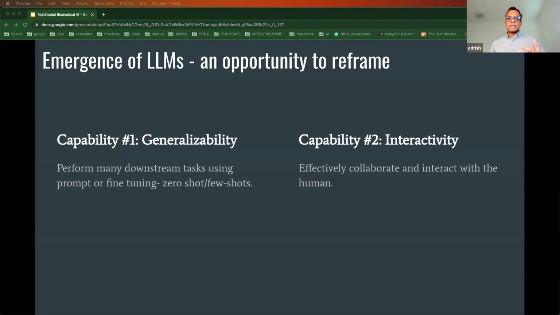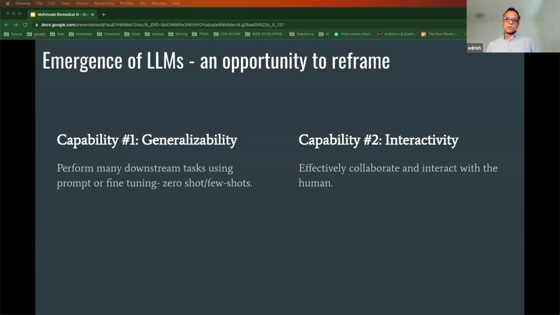Before, let's say I develop a predictive model and it's a risk score. There's no way for me to interact with the system and say, what about this? Why are you saying risk is high? I cannot have this kind of conversation. What LLM-aligned AI provides is this kind of interaction.